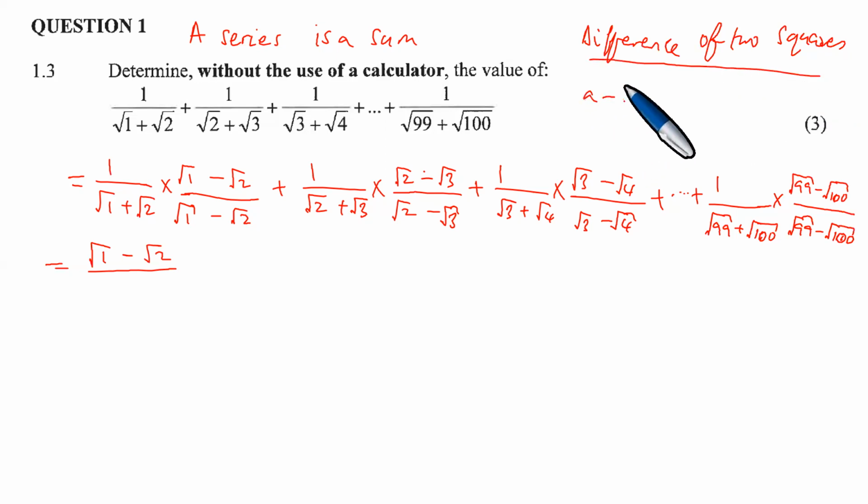If you have a minus b into a plus b, it is the same as a squared minus b squared. So you multiply these. The square root of 1 by the square root of 1 becomes 1, the square root of 2 by the square root of 2 becomes 2. But if it's plus times negative, it's negative 2.